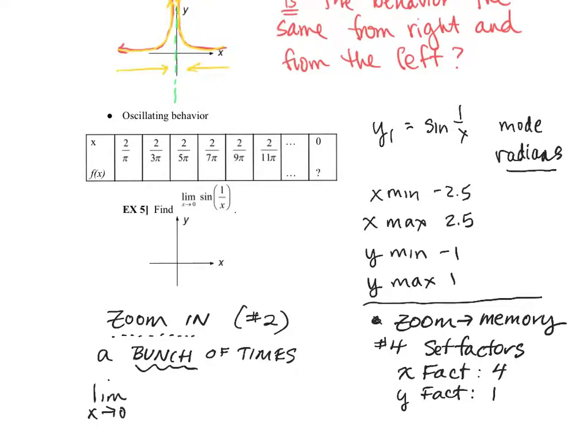Does the limit as x approaches 0 of sine 1 over x exist? And remember that the right-hand limit has to equal the left-hand limit. And it has to be the same. So tell me what's going on there. All righty?